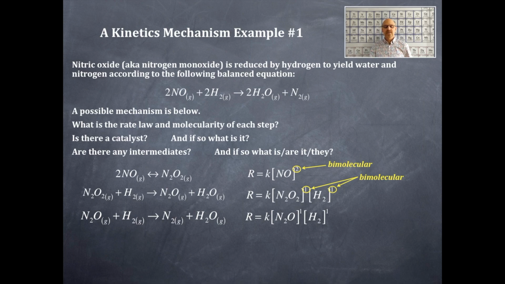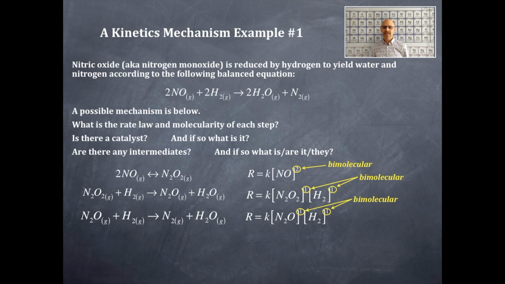And the H2 is to the first power because the stoichiometry on the H2 is a 1. So what is the molecularity of this elementary step? And that is bimolecular. Okay, so we've got the rate law for each elementary step. That's based on the stoichiometry and the reactants only. And we got the molecularity of each one of those steps.